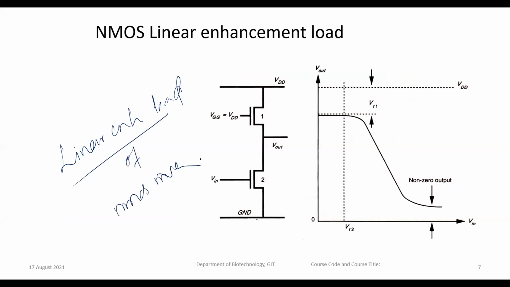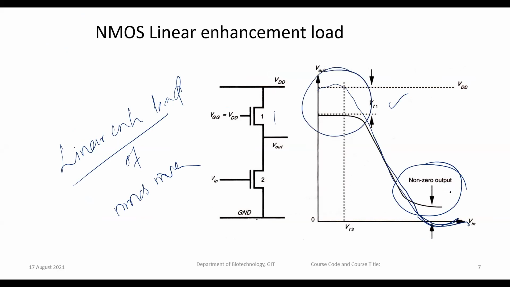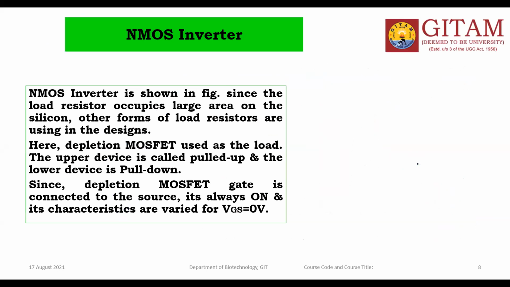This is the threshold VTH1 of the one device. Here the output is non-zero. It should go fully to zero like this, but you didn't get that. There are some losses here. So this is the disadvantage in the linear mode.